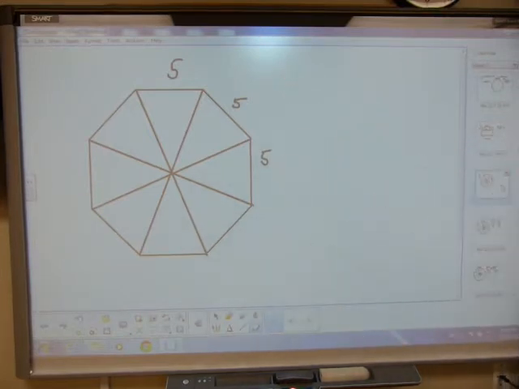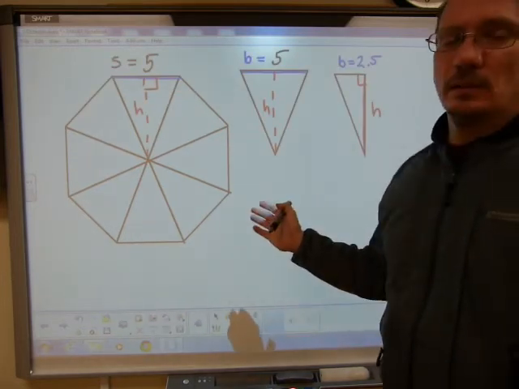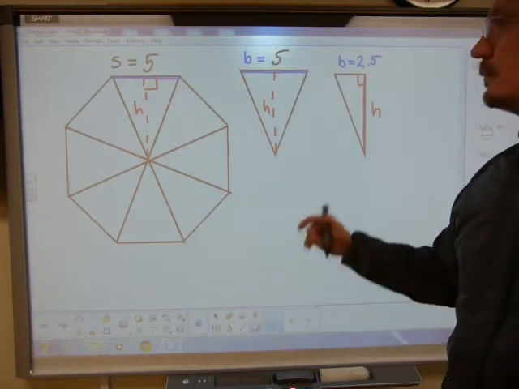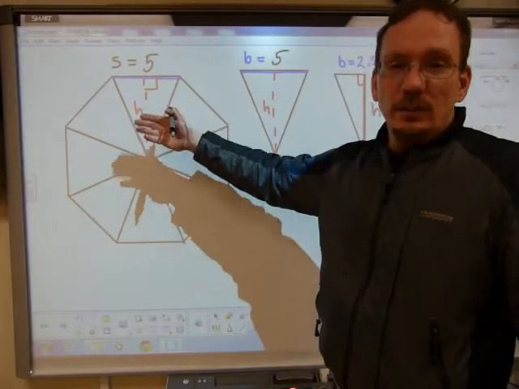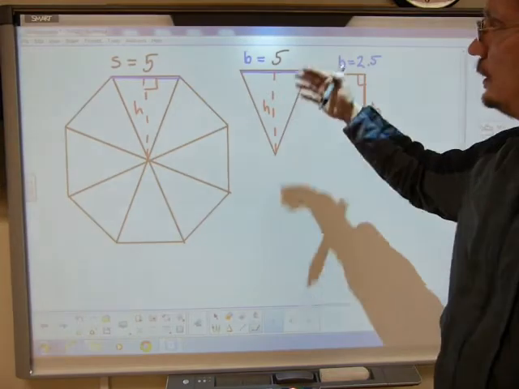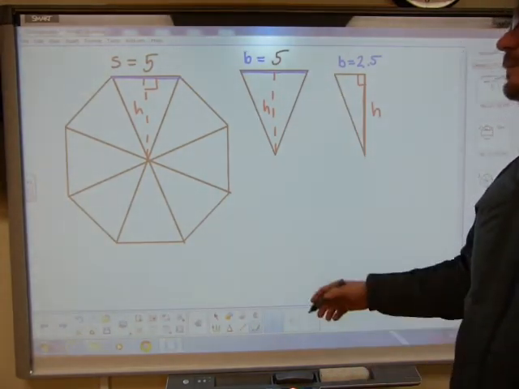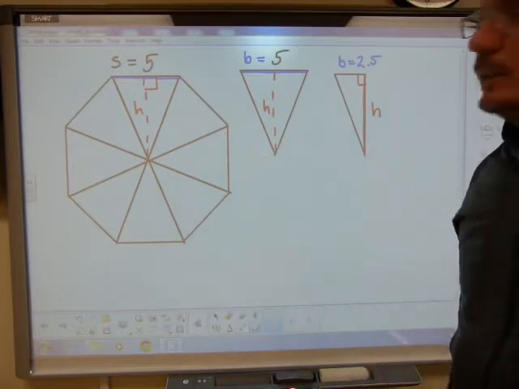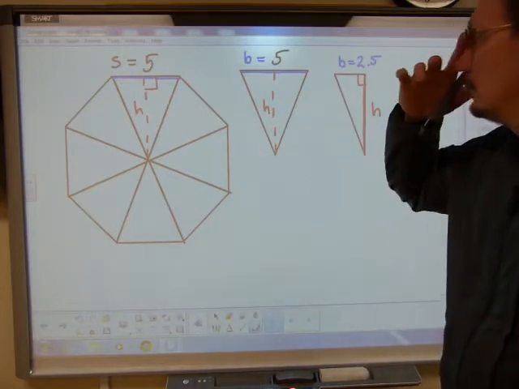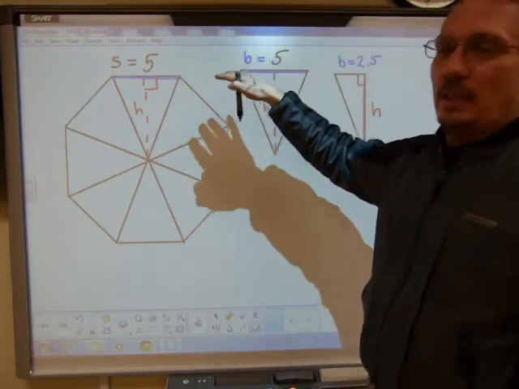So here is the same octagon with the side length of 5, and I'm going to work with one of the triangles, just one shape. The area of a triangle is calculated by a very simple formula: base times height divided by 2. You're done, and then just multiply it by 8, like I said. I made some changes here to the lettering.